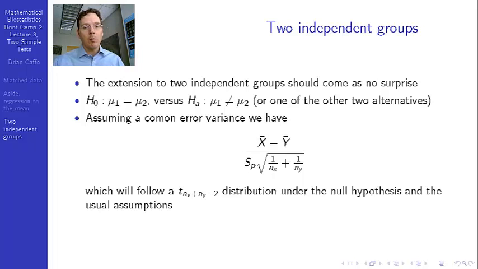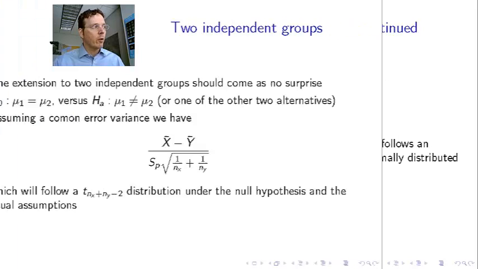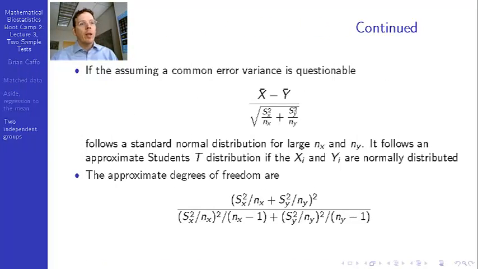It follows the same logic as we've been doing for the one sample test, so it should be no great stretch for anyone. Then if you have large sample sizes, it shouldn't be surprising that the statistic on the previous page follows a normal distribution.